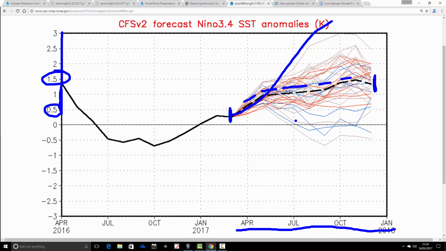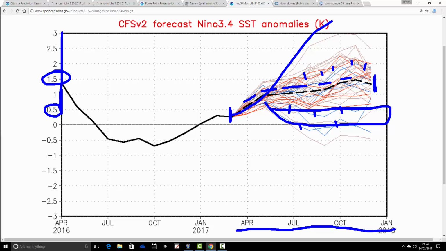The colours on these are interesting. The red lines here, they are the oldest members of the CFS ensembles. The blue lines, they are the most recent ensemble runs. And you see, there's a few blue lines that are actually keeping things in ENSO neutral territory, which is this part of the chart just here.